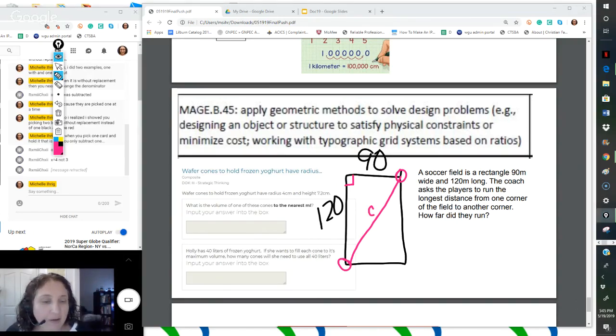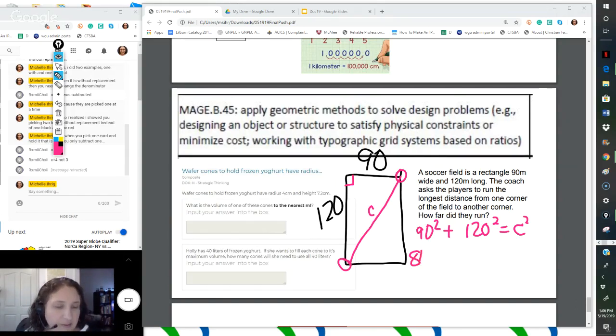So how do we get this one? All you're going to do is a squared plus b squared equals c squared. The only other thing I just realized that we didn't talk about is trig, because I remember someone telling me trig was on there. I can do that real quick if we need to. This will become 8100, plus 8100.